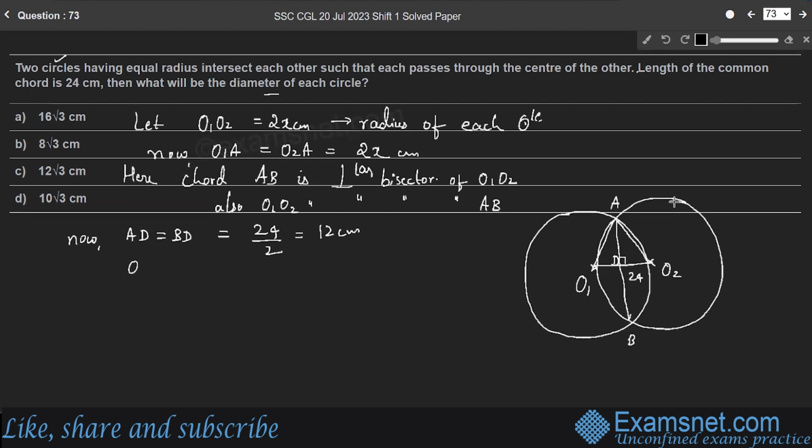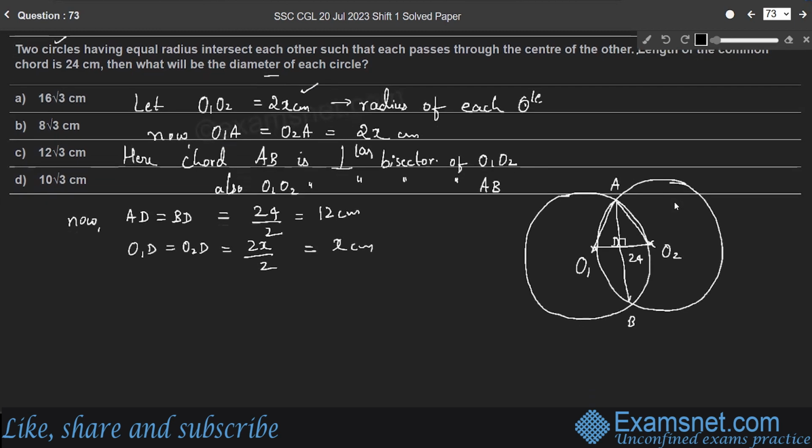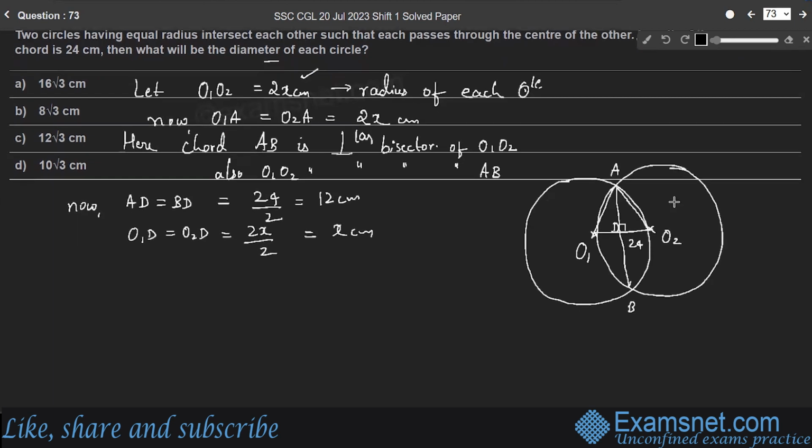And O1D is equal to O2D, half of 2x according to our assumption. So O1O2 is 2x centimeter, half of 2x is x centimeter. Now consider triangle AO1D, a right angle triangle, right?